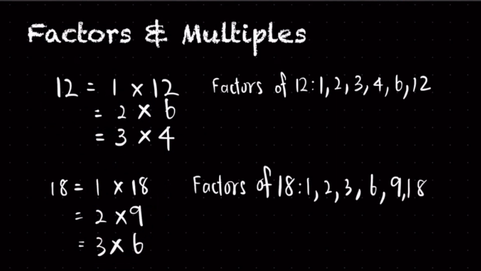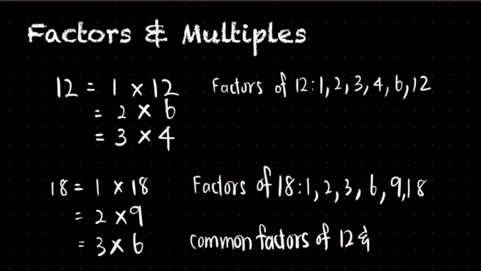Great. So what are the common factors of 12 and 18? So let's see. So we have 1.